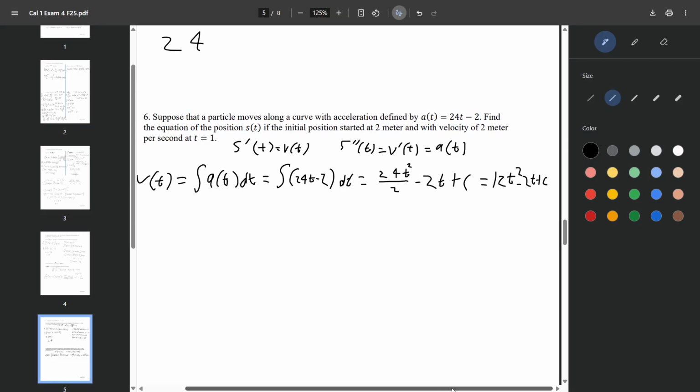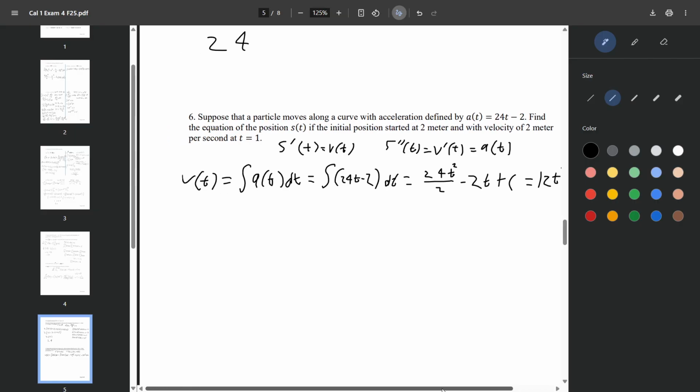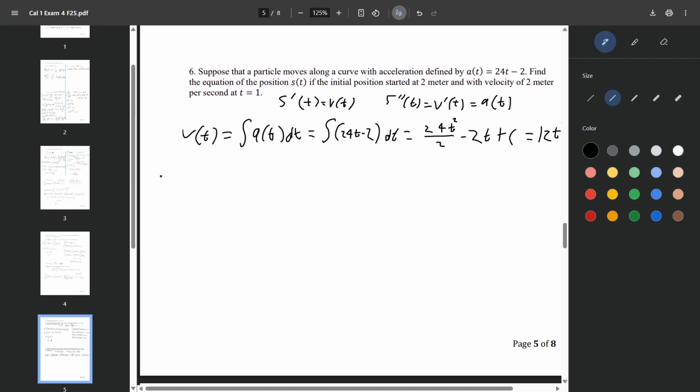And as we could tell, we have our plus c, but we don't know what that value is. So in order to find that value, we are going to see what v of 1 is, because we know that at v of 1, our equation will equal 2, as it says right here.